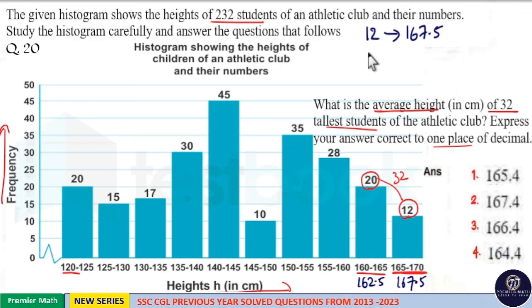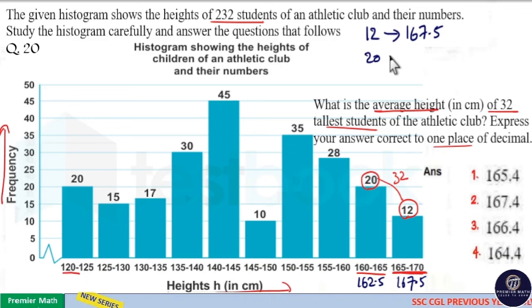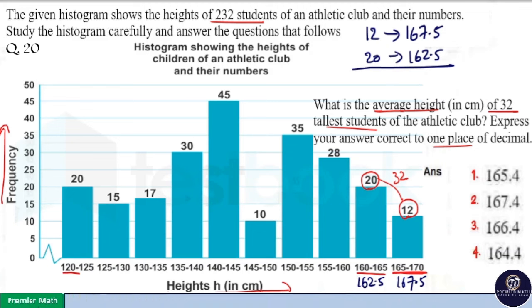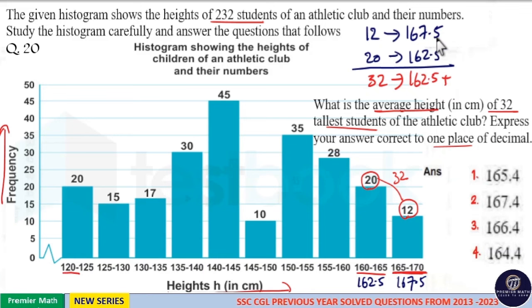Now to find the average of the total 20 plus 12, 32 students, take a common average. Here the common average is the lowest, that is 162.5. Now 167.5 is 5 greater than the common average 162.5.